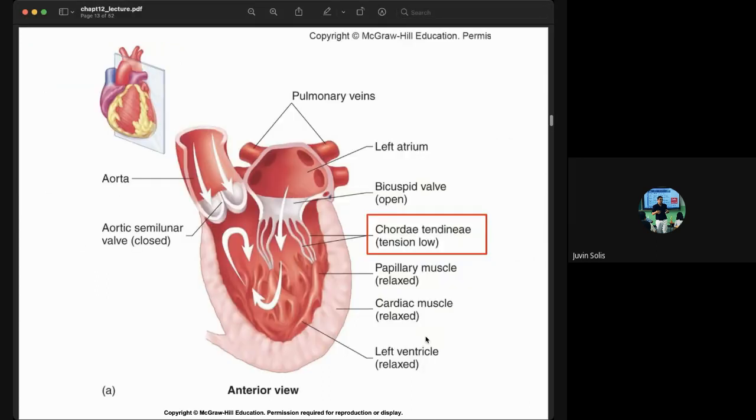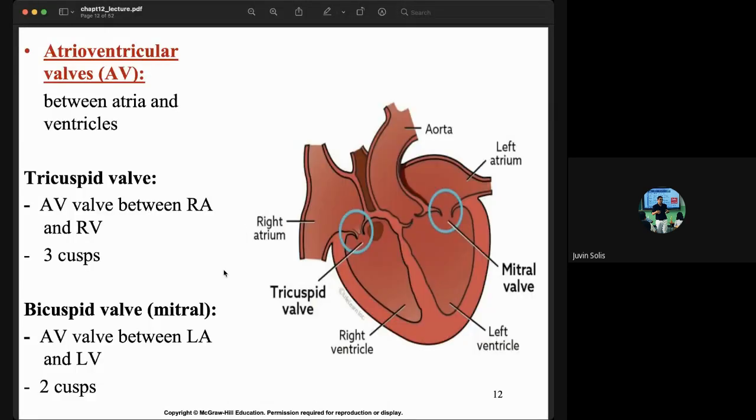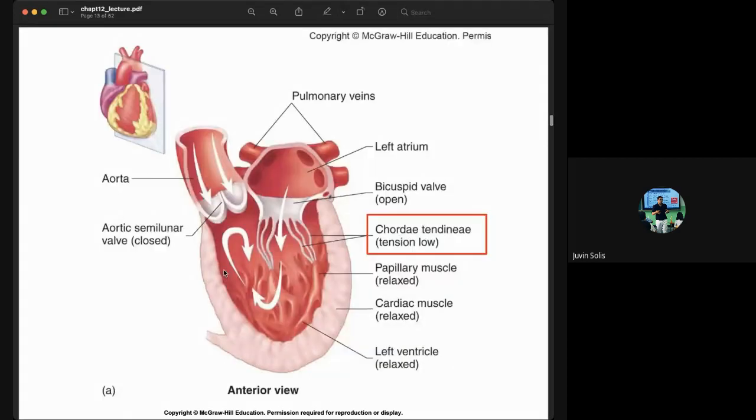Now let's move here to the next one. Okay. So here, what is happening is that these valves, yung pinag-usapan natin kanina, yung tricuspid at saka yung bicuspid valve, they allow the blood to flow from the atria into the ventricles.